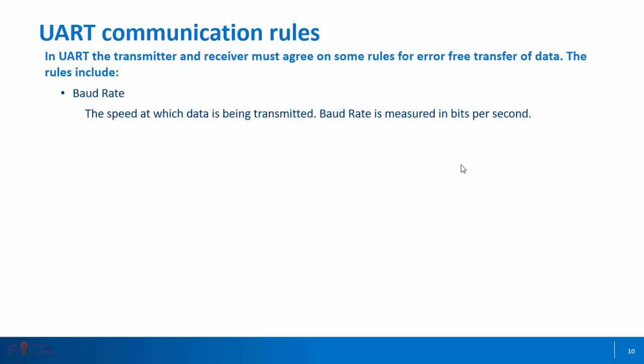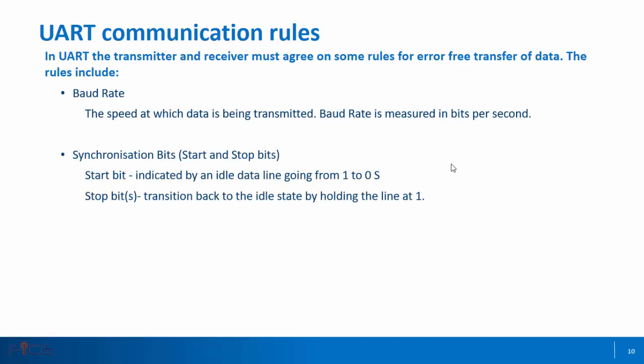Baud rate is measured in bits per second. Some of the standard baud rates are 4800 bits per second, 9600 bits per second, 19200 bits per second, and so on. Out of these, 9600 bits per second baud rate is the most commonly used one.